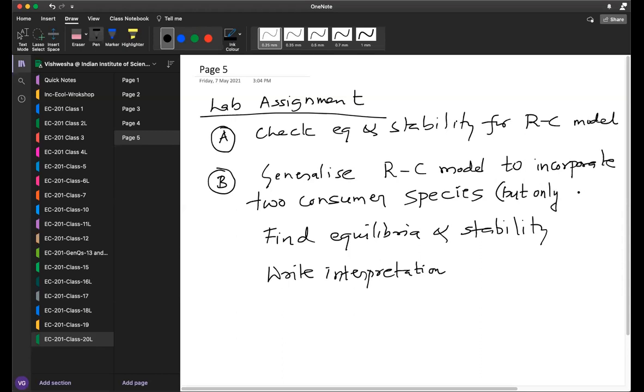Let me add an important point here: keep it to be a single resource again, but add one more consumer species. Is that clear to everyone?